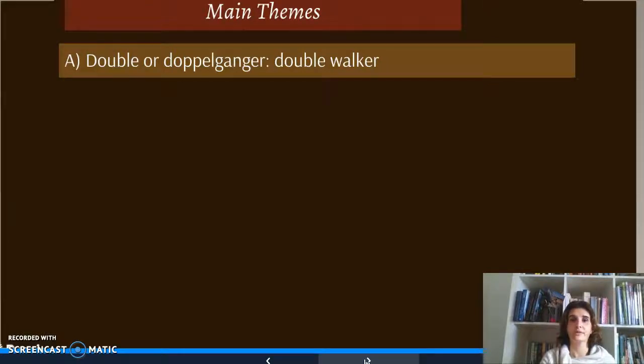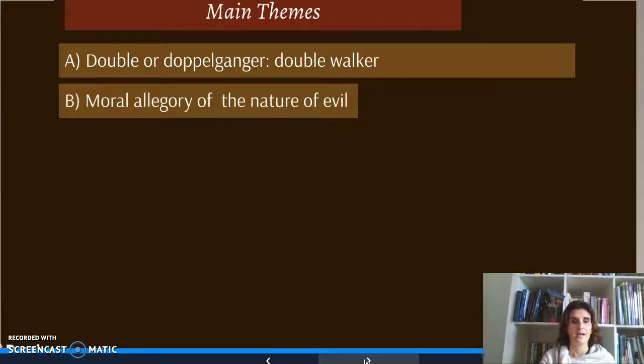We have already seen this theme in Jane Eyre and Bertha. Another theme is a moral allegory of the nature of evil. So Stevenson is wondering, is evil already implanted in ourselves? Is it a part of ourselves? Is there anything that makes it come out?